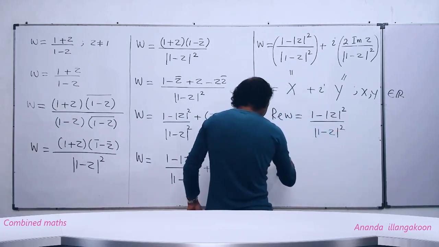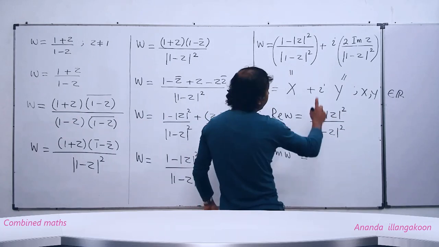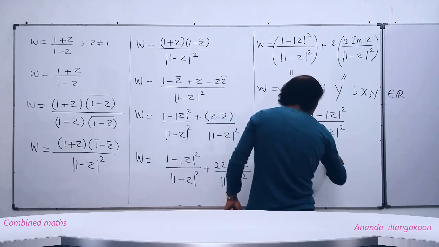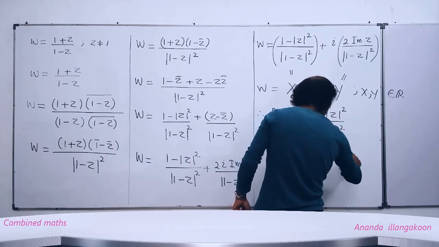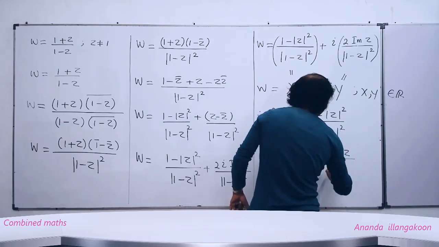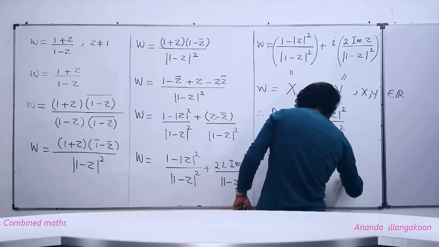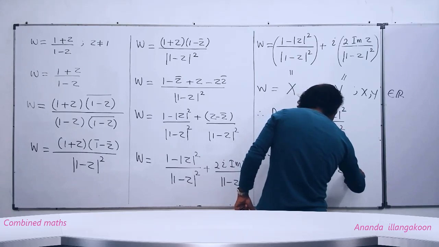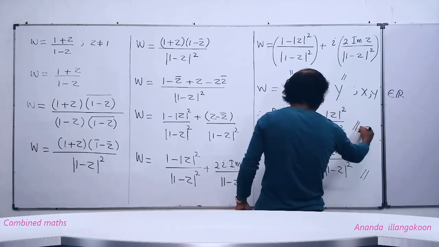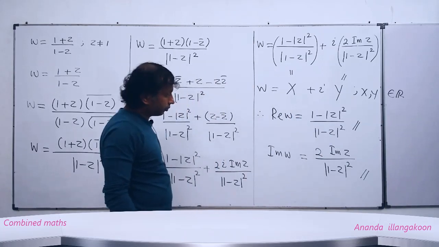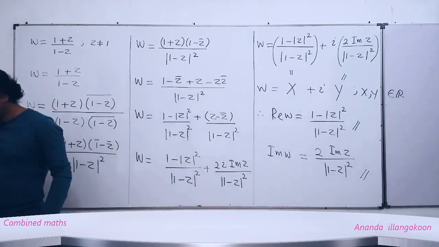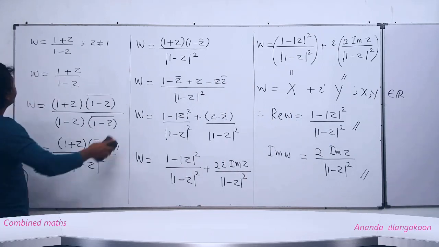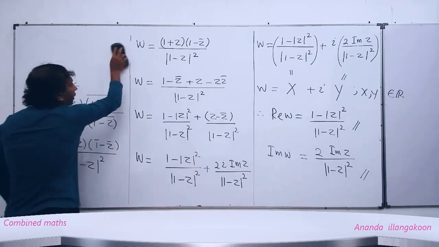Imaginary part of W is 2 Im z divided by mod of 1 minus z, perfect square. We get that. Okay? Yeah. That we got that.